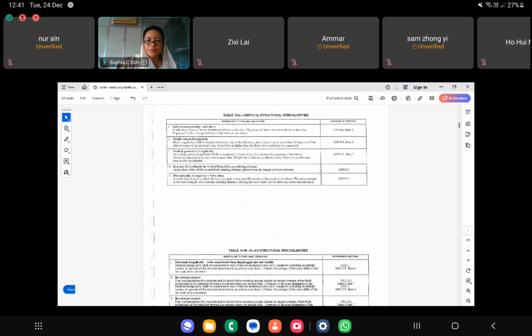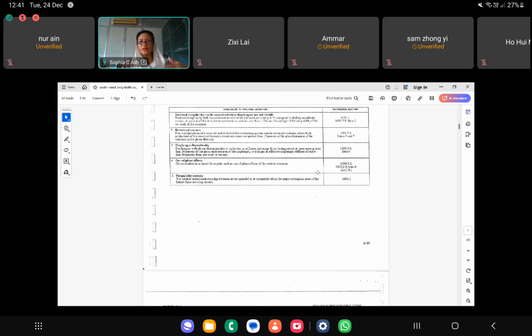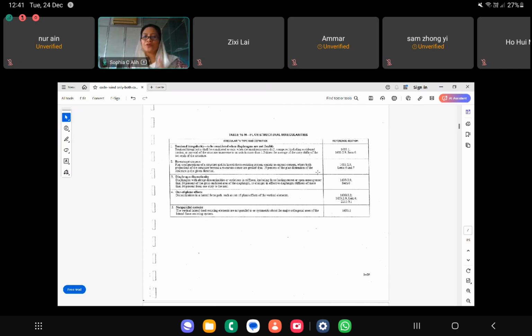So this is the code that you are going to see if you are using the American code. Of course, it has been improved from time to time to make it more detailed for you, and similarly with the Eurocode as well.